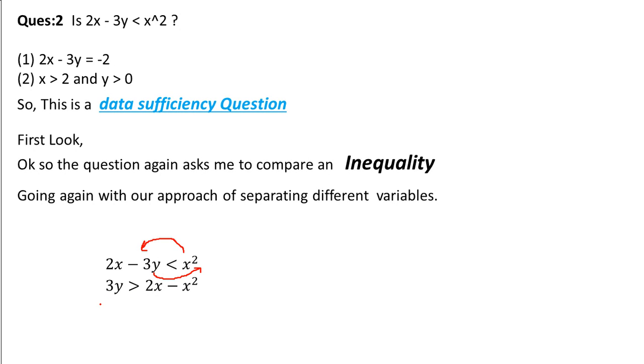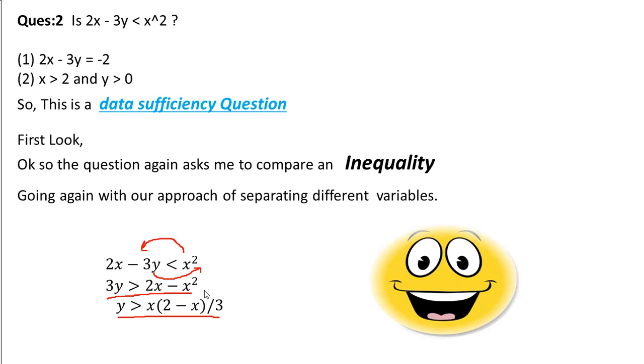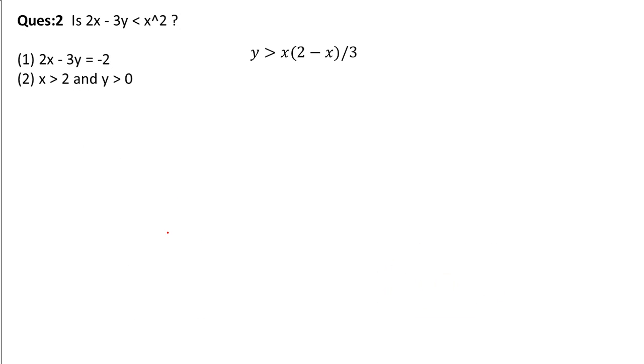I get 3y is greater than 2x minus x square. We take this 3 in the denominator and I get this expression: y is greater than x multiplied by (2 minus x) divided by 3. So this question has been changed to this, right?